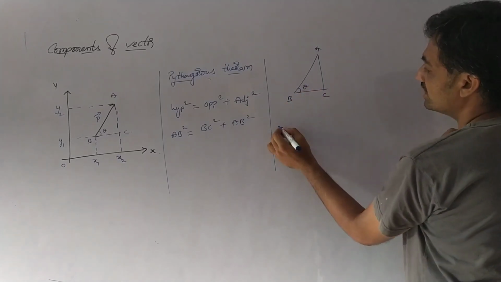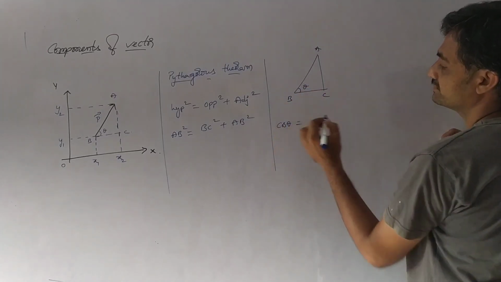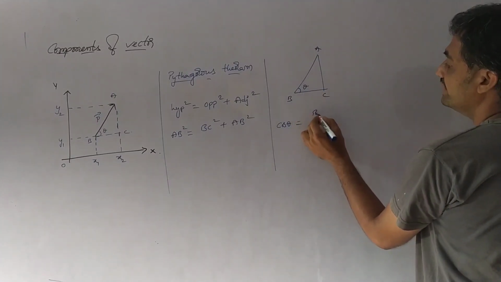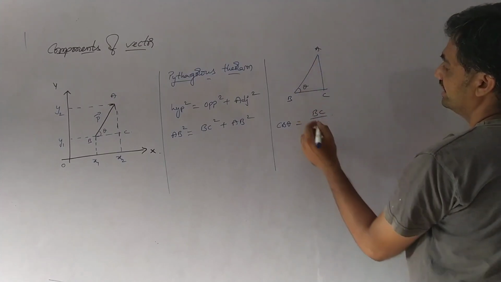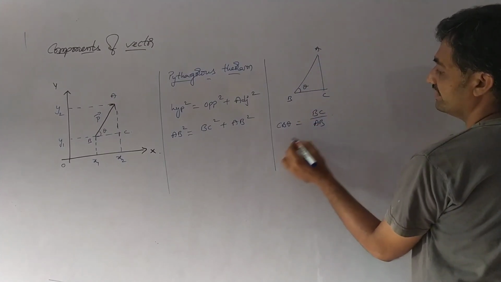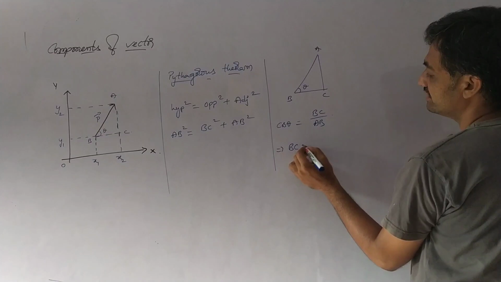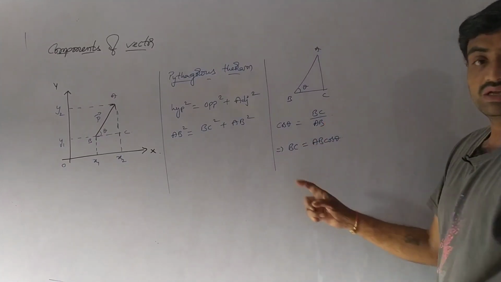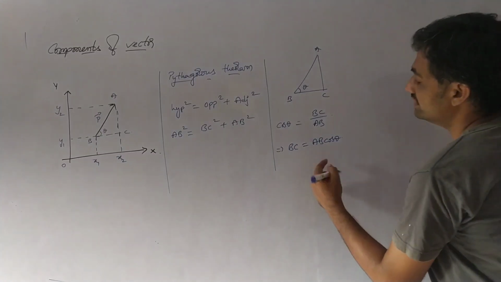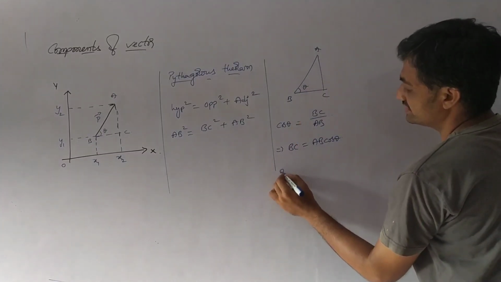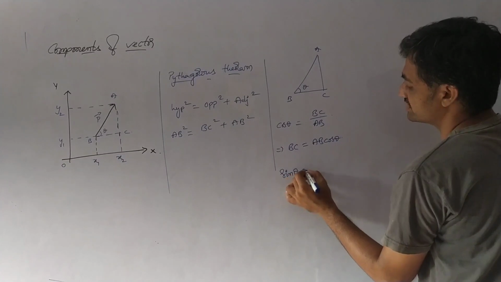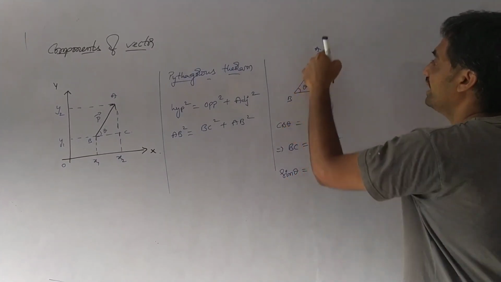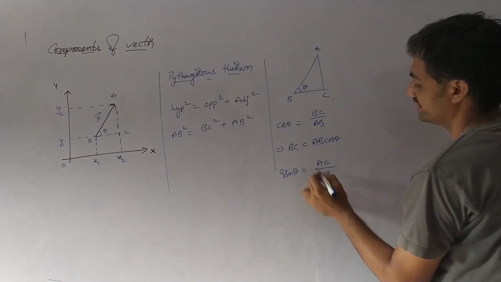From this triangle, cos theta equals the adjacent side BC by the hypotenuse AB. From this equation we have BC equals AB cos theta. Now consider sin theta. From this triangle, sin theta equals the opposite side AC by the hypotenuse AB.